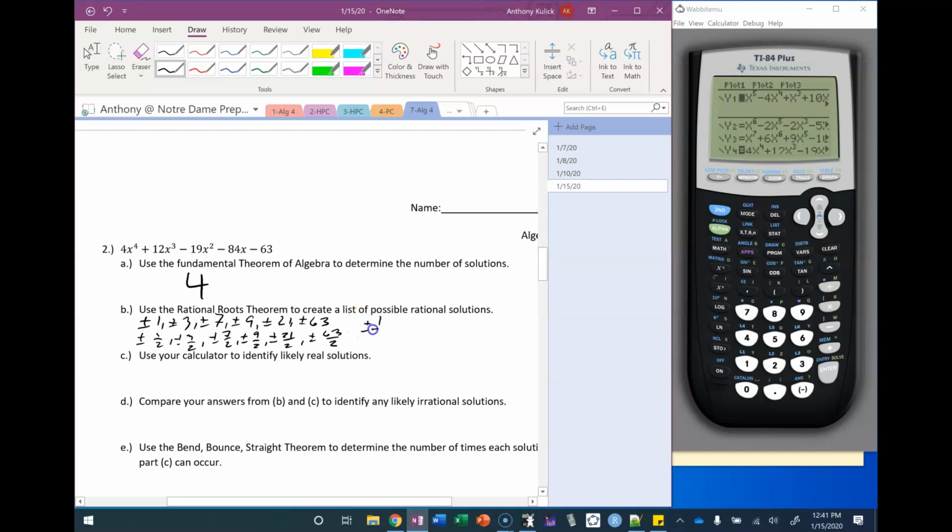And I have 1 over 4, 3 over 4, 7 over 4, 9 over 4, 21 over 4, and then 63 over 4.